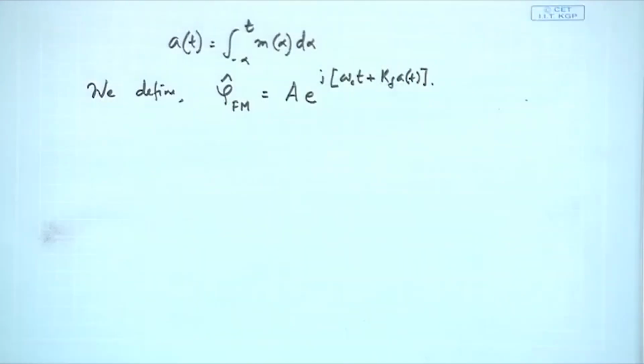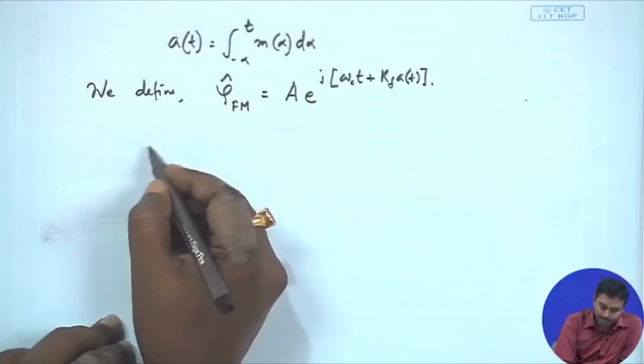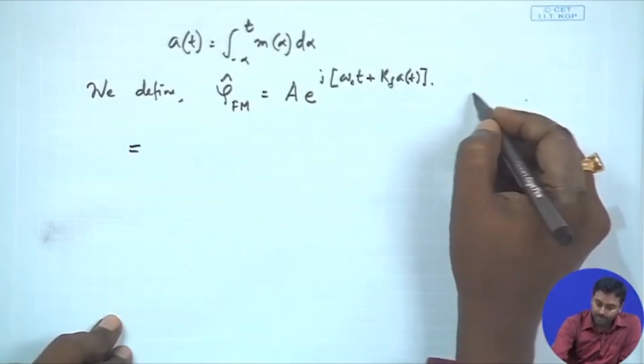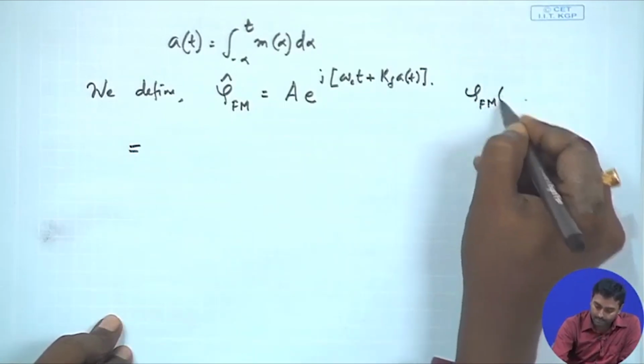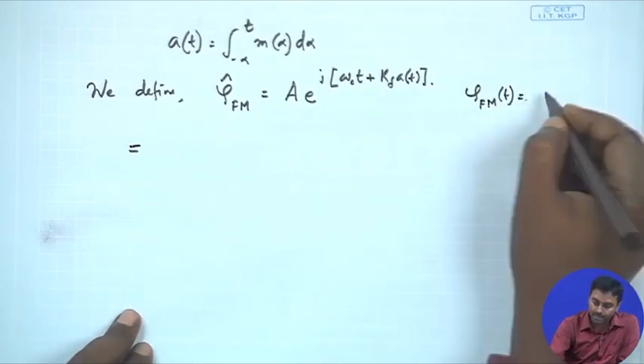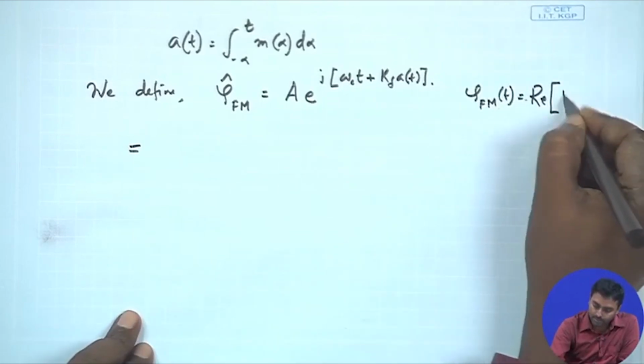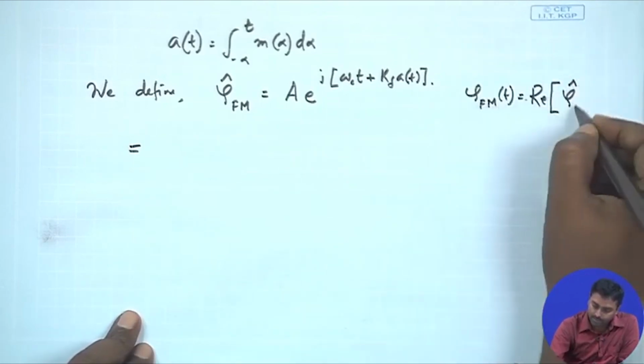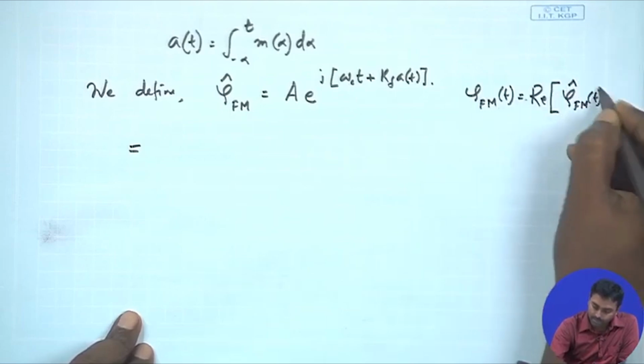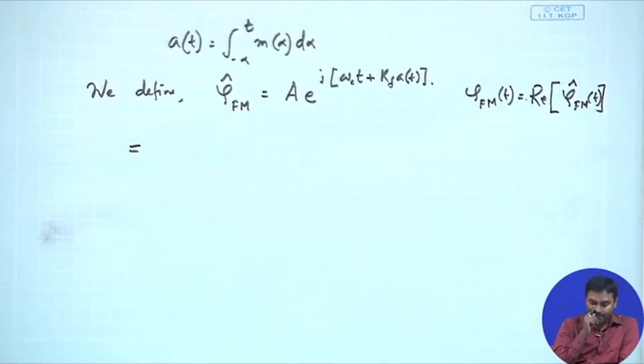So, I am trying to see what will happen to this. I know that my phi_FM(t), that FM modulated signal, should be the real part of phi hat FM(t).